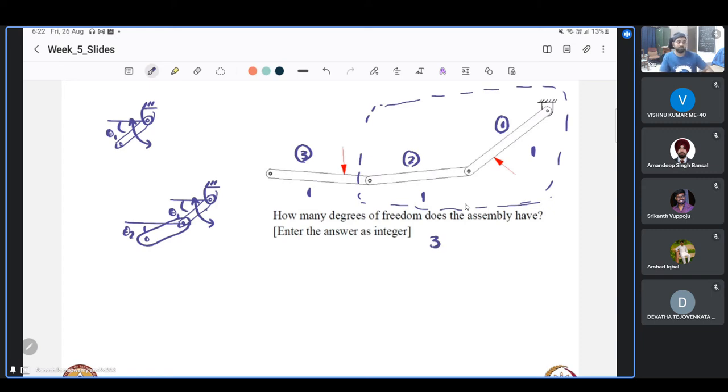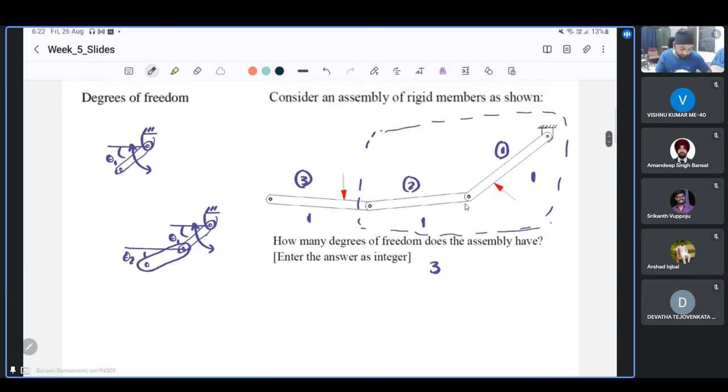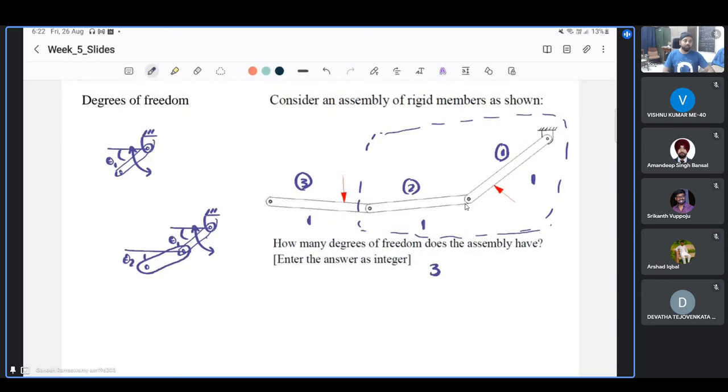So this is how we are supposed to analyze for degrees of freedom. Anyway, this would be taught in detail in higher subjects, when we go into design of machinery and theory of machines. But since it was touched upon in the lecture, I thought it should be explained a little bit at least.